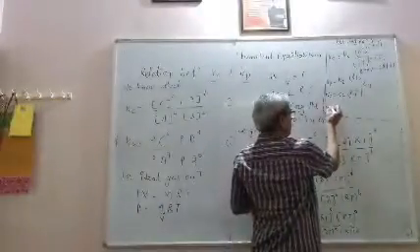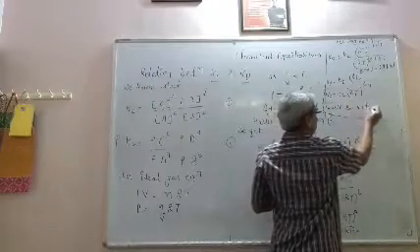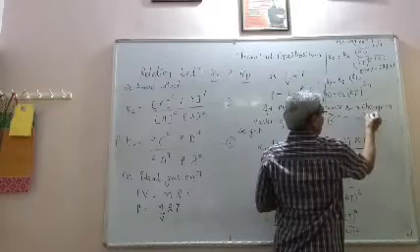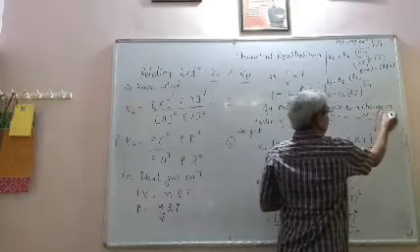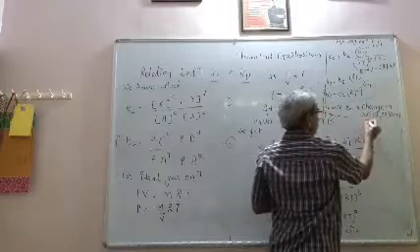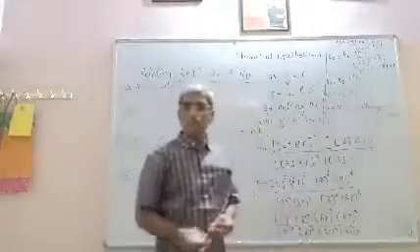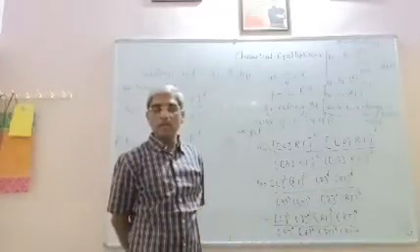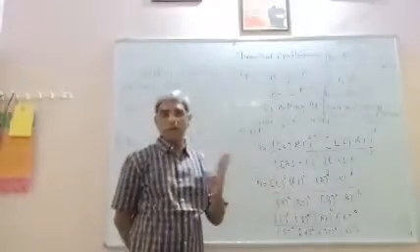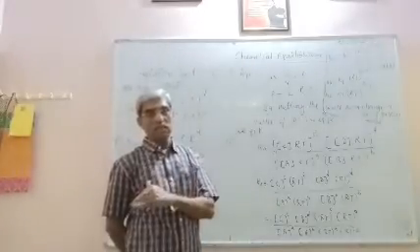I will write where delta n is a change in number of gaseous moles, and change in number of gaseous moles can be calculated as number of gaseous moles of product minus number of gaseous moles of reactants.